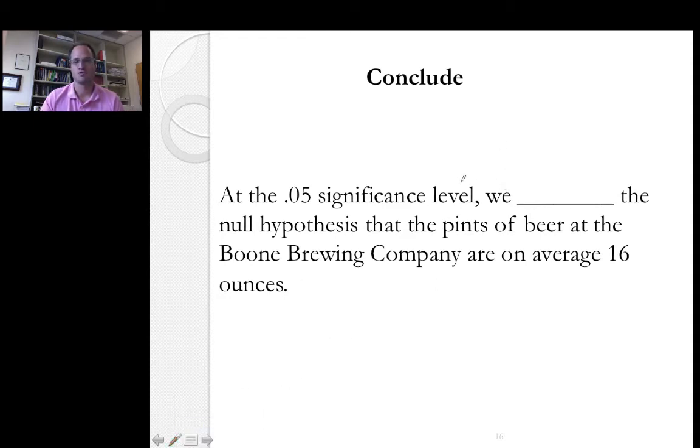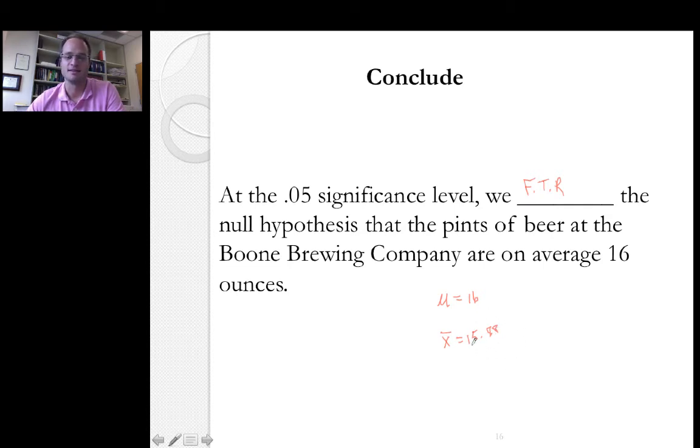Let me write that in here. We fail to reject the null hypothesis that the pints of beer at the brewing company are on average 16 ounces. So we're finding evidence in favor of the fact that the average is 16, even though X bar was 15.88. We know that this is different, but we're attributing it to sampling error.